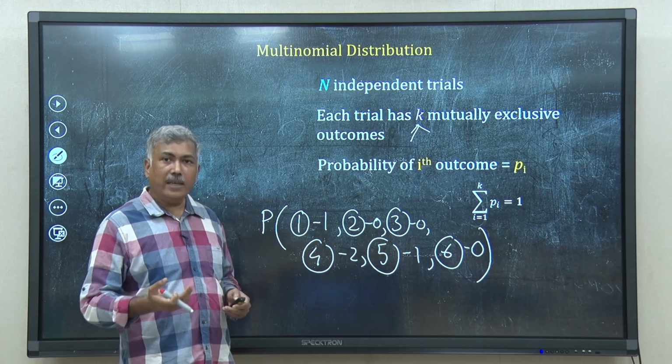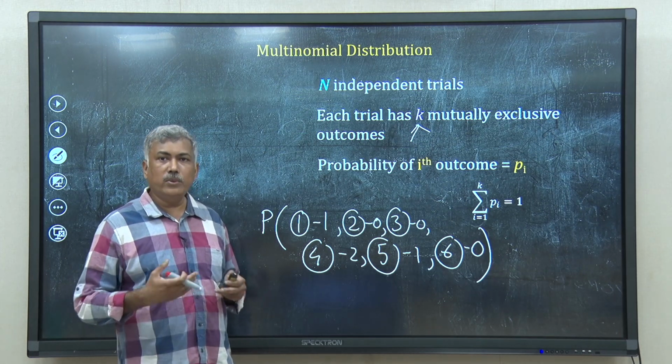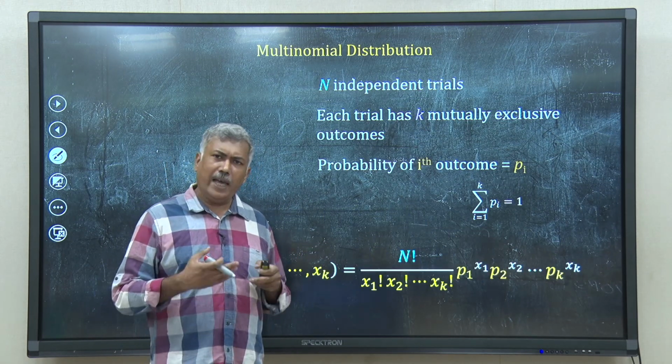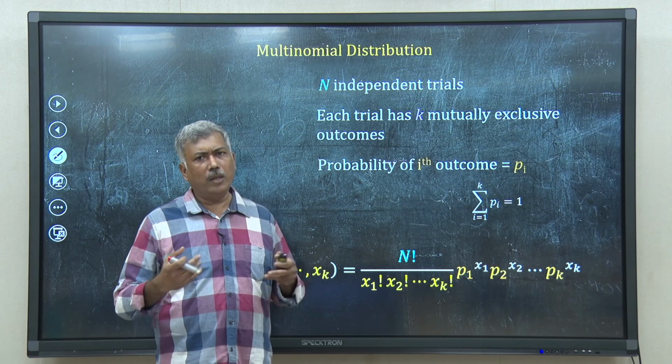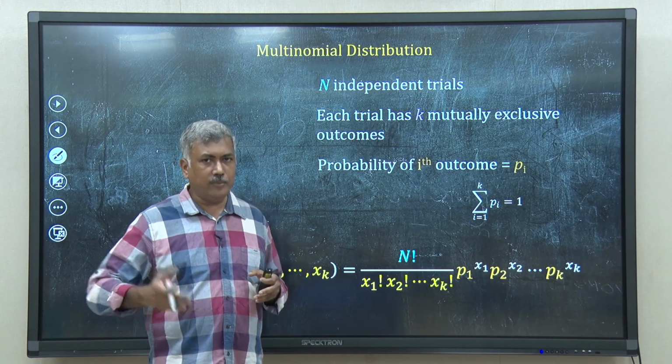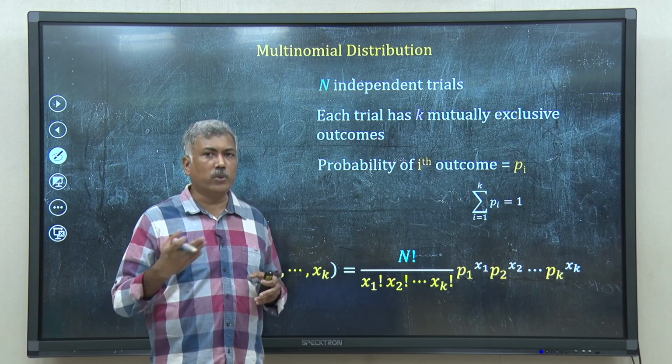So if I have to calculate the probability of that, I have to use something called the PMF of multinomial distribution, and it looks almost similar to the binomial one, but only in this case I have multiple other terms because the number of outcomes is more than 2.